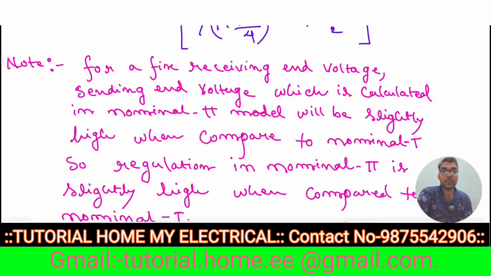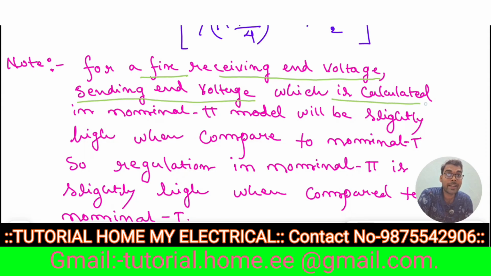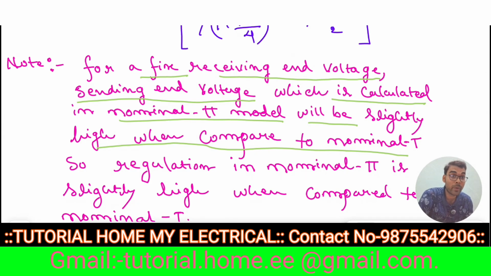For a fixed receiving end voltage, means if receiving end voltage is constant, then the sending end voltage, which is calculated in nominal pi method, will be slightly higher when compared to nominal T circuit.